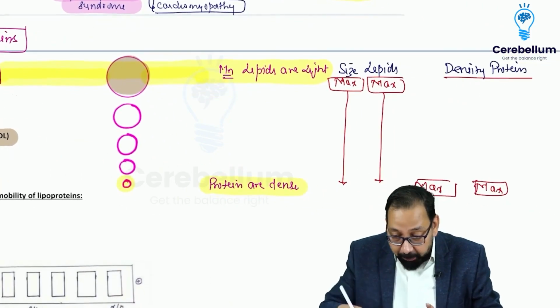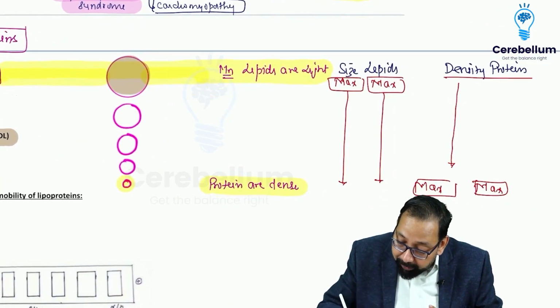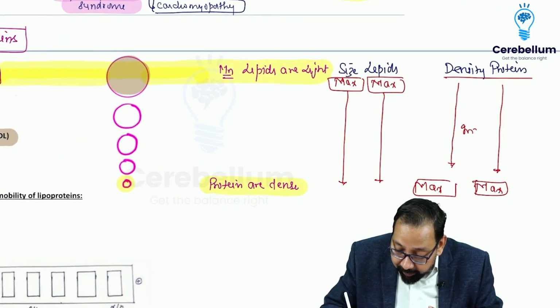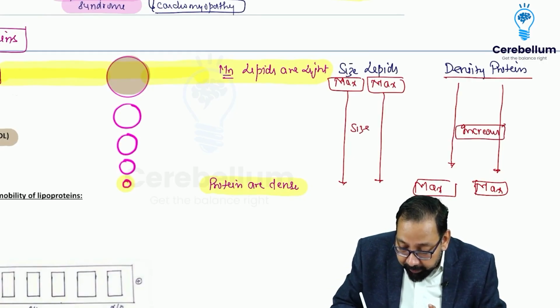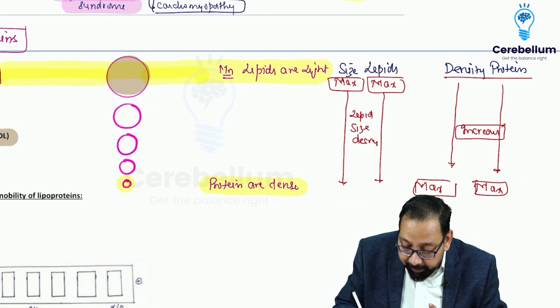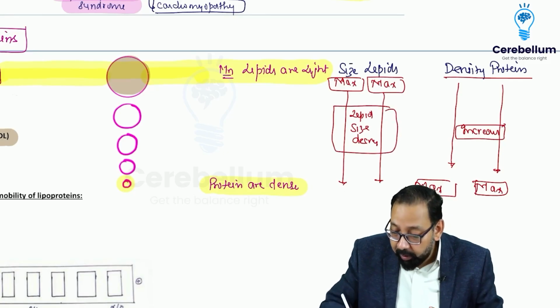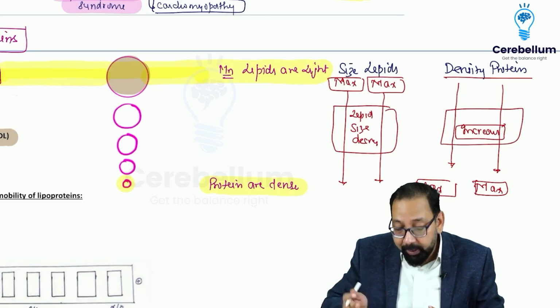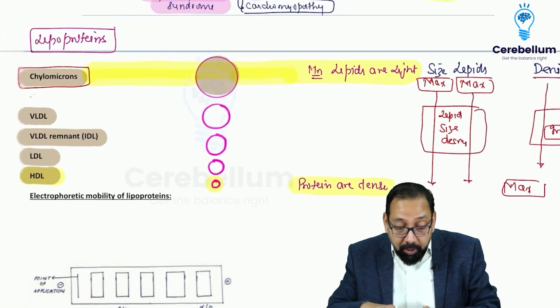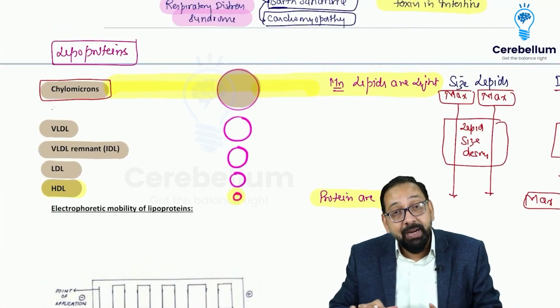Size decreases, lipid decreases, density and protein increase. So this is about different types of lipoprotein and their characteristics.